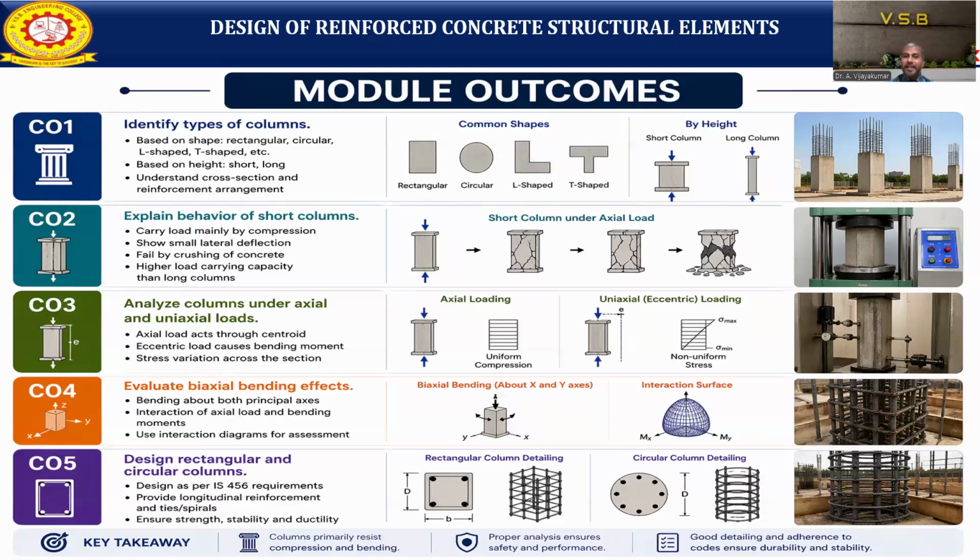Now you can analyze the column under axial as well as uniaxial loads. For an axial load, the load acts through the centroid, while an eccentric load causes a bending moment, and you can calculate the stress variation across the section. You can also evaluate biaxial bending effects, with bending about both principal axes, and calculate the interaction of axial load and bending moment.